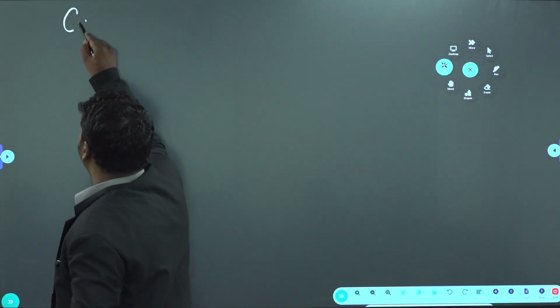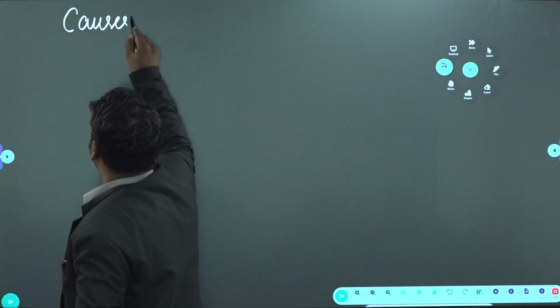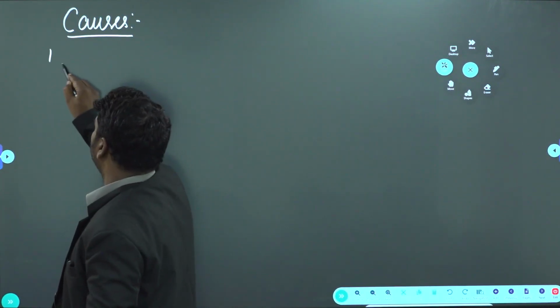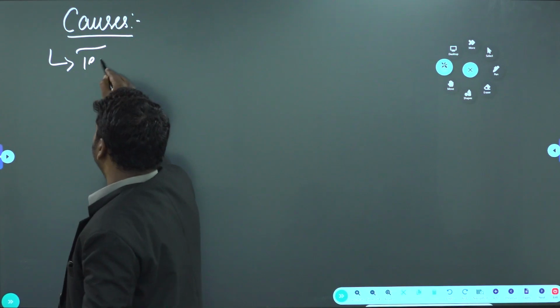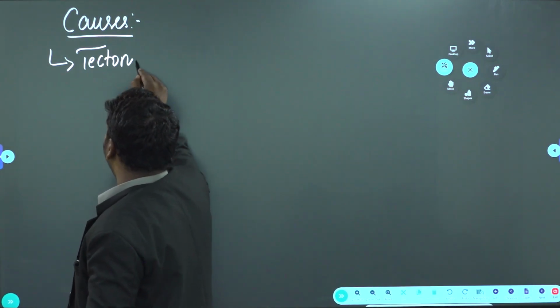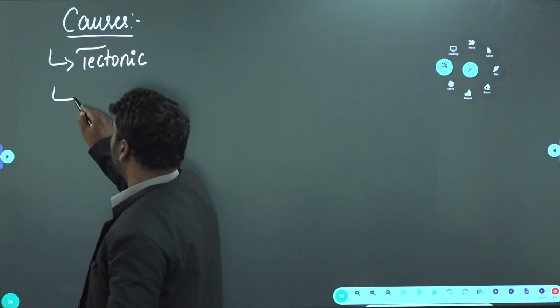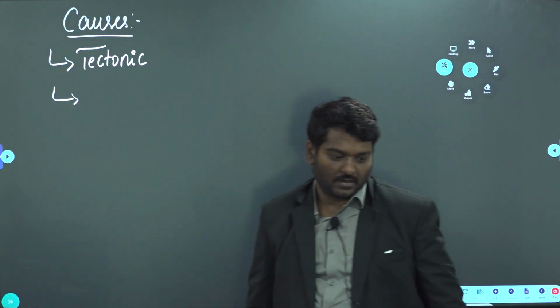Okay. Now, causes of earthquakes can be asked. What are the causes? Can it be due to tectonic movement? Yes. Anything more?